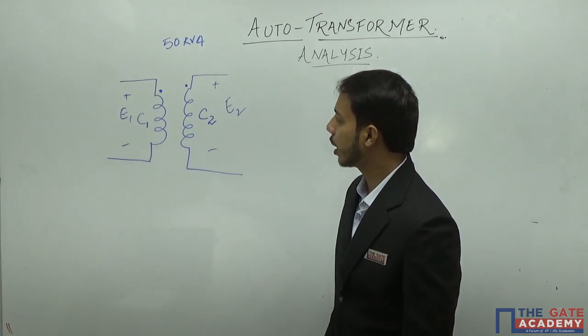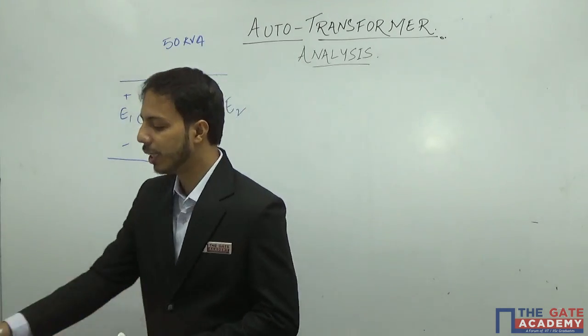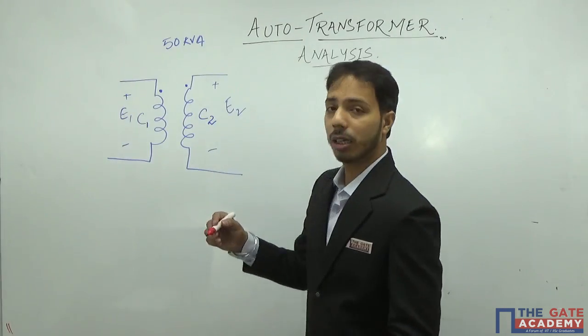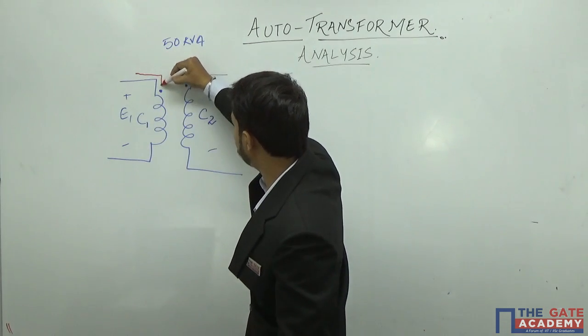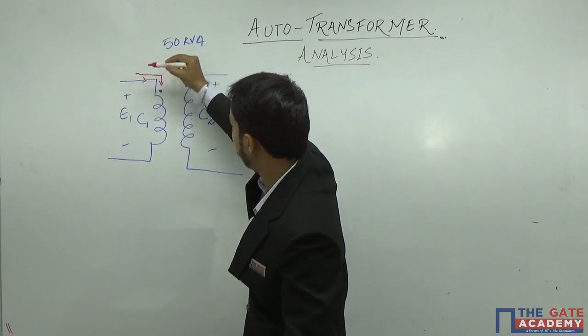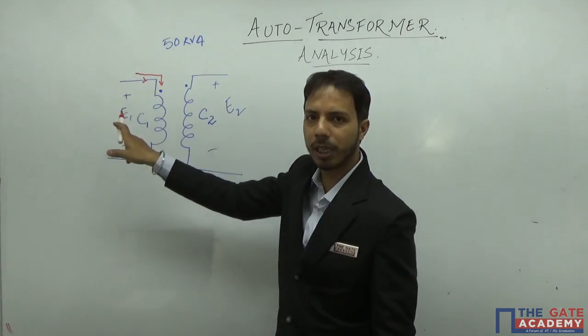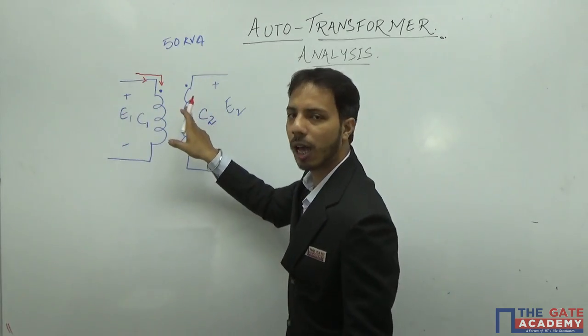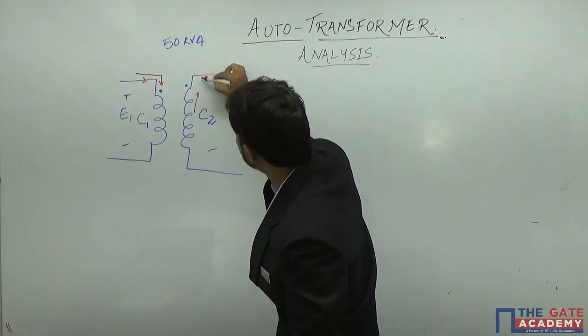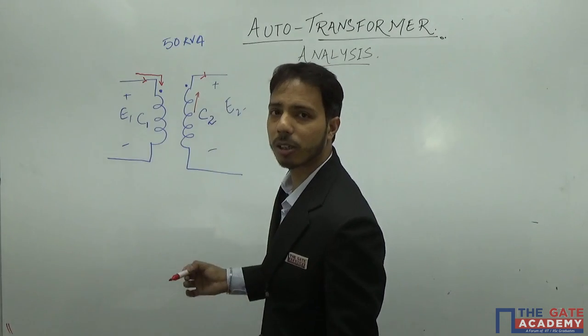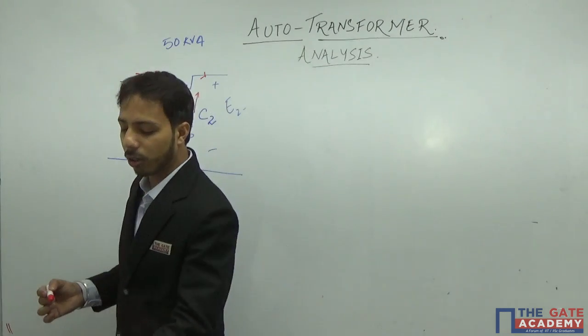Now, the current is also linked with this dot convention. That means, in dot convention, if current is coming inside, in this way, from the dot in the primary, then in the secondary, at the same time, current will be going outside of this dot, which is a very, very important concept.